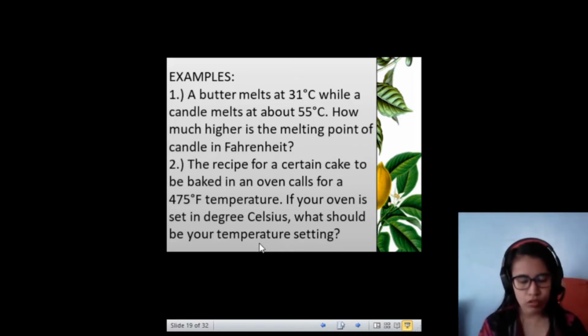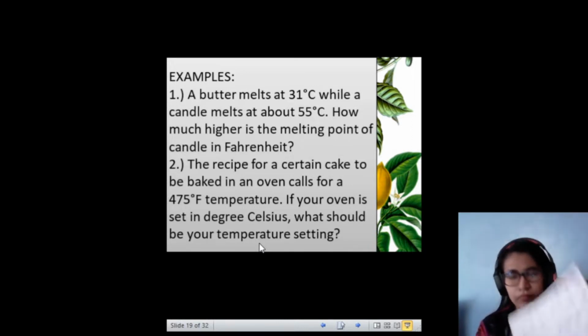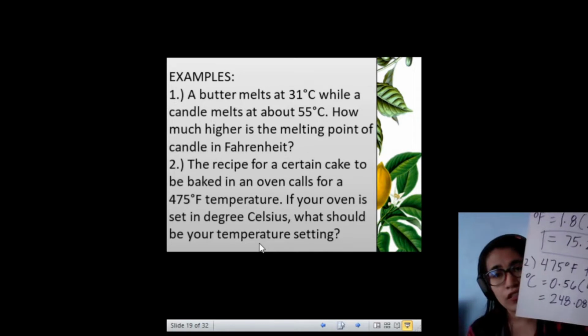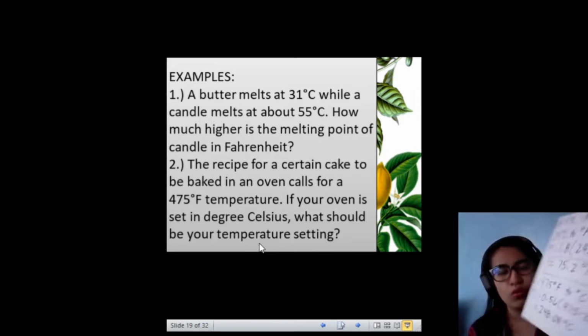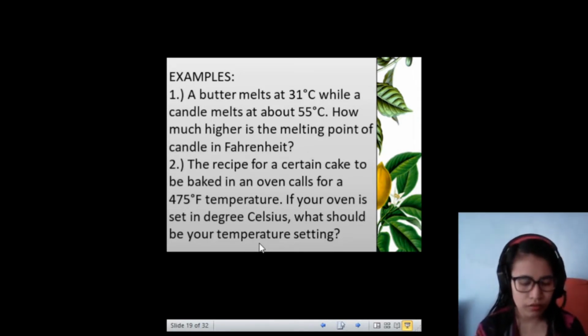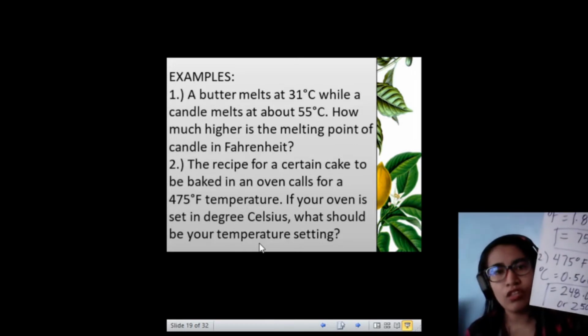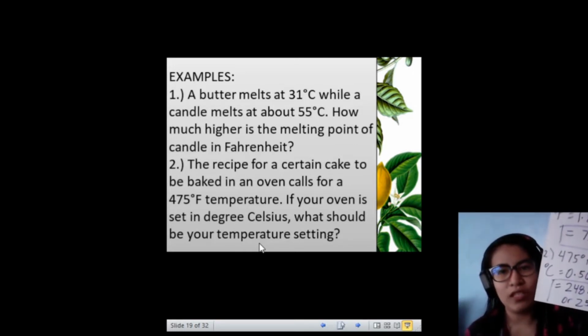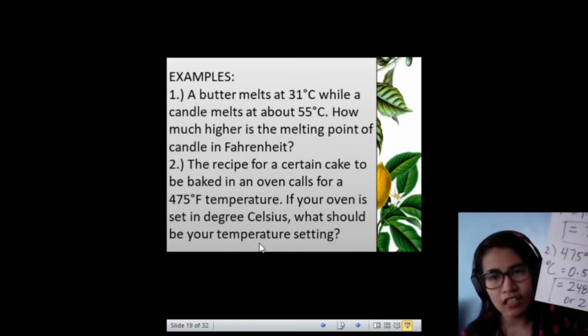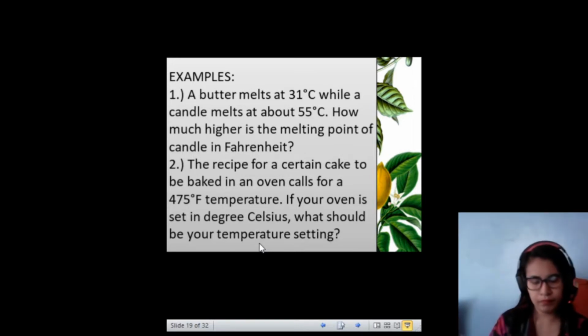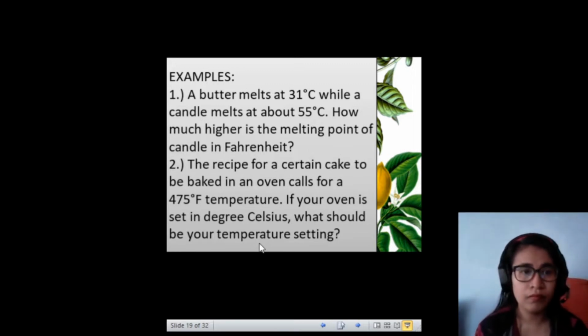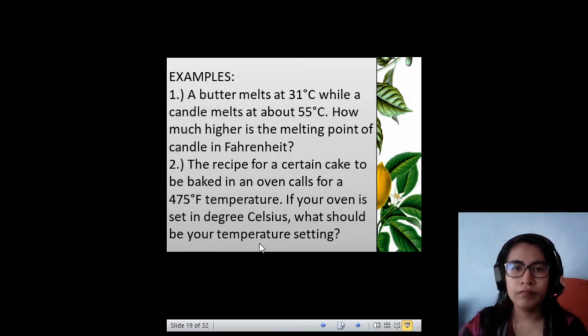So our final answer will be 248.08 degrees Celsius. Or you can round it off to 250 degrees Celsius. So you need to set your oven to 250 degrees Celsius. Next.